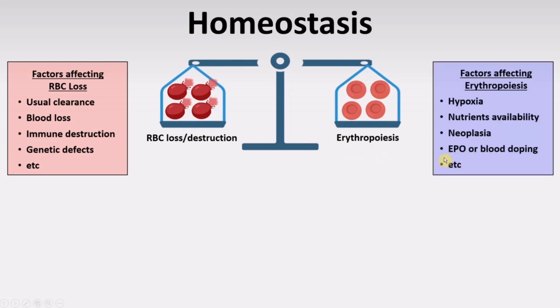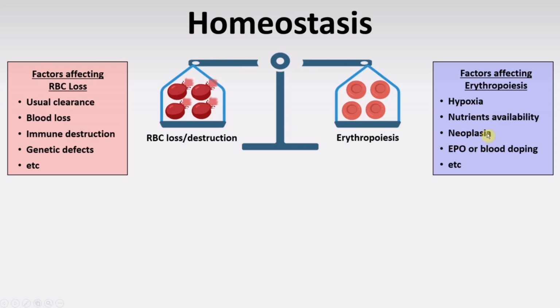And there are also factors that affect the process of erythropoiesis. As I shared previously, hypoxia is one big stimulus for increased erythropoiesis. Of course, when erythropoiesis happens, the necessary nutrients need to be there as well, for example, iron, folate, as well as vitamin B12.